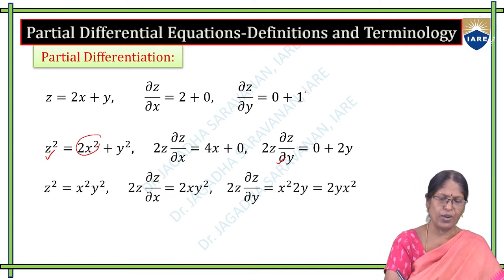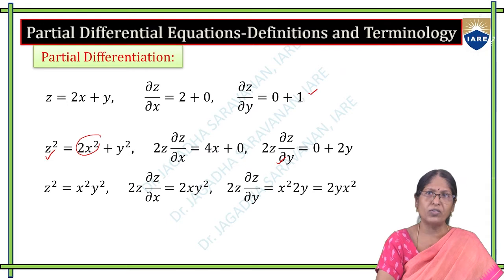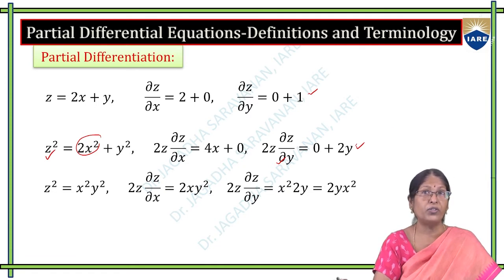So when we are concentrating on x, y is treated as constant. When we are concentrating on y, x is treated as constant. In these two cases, we have seen how the terminology of partial differentiation works.